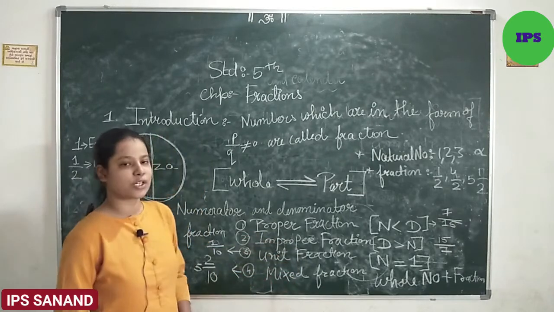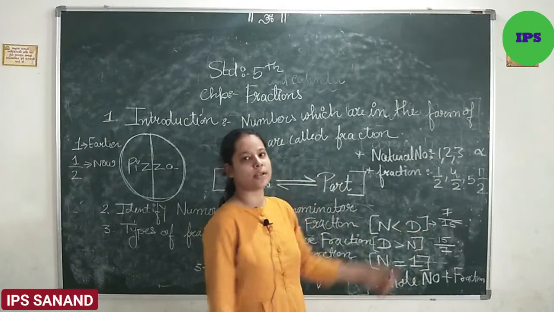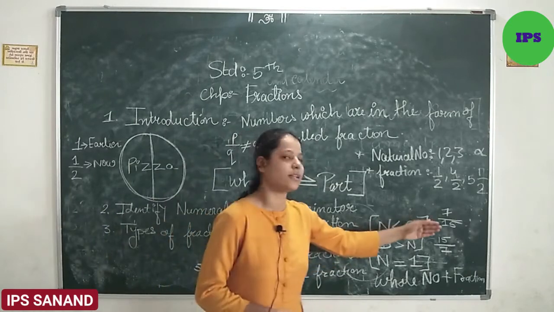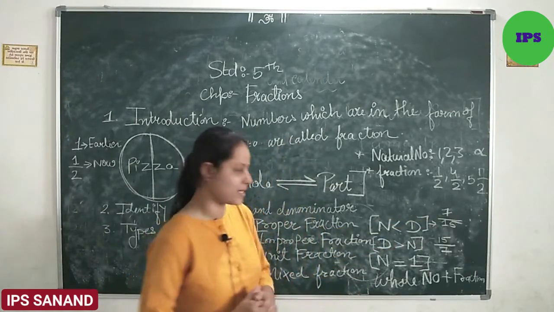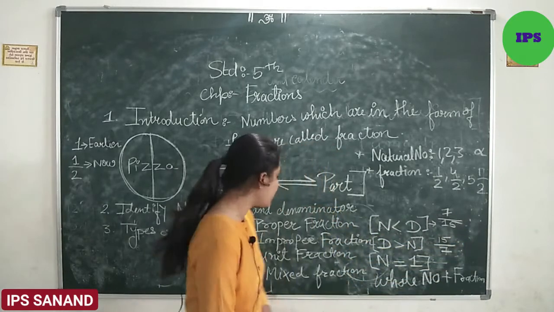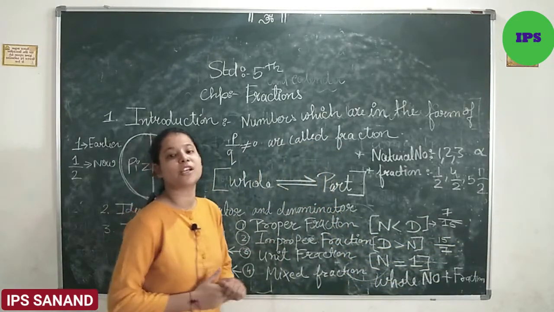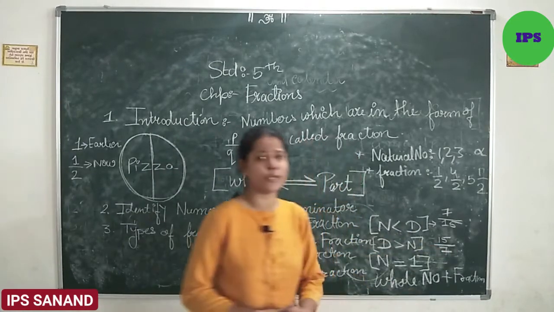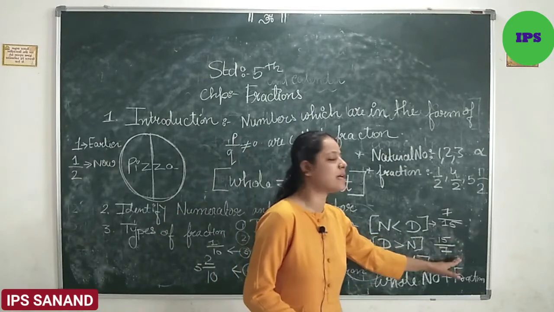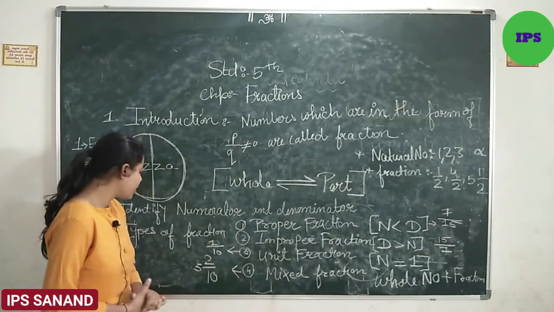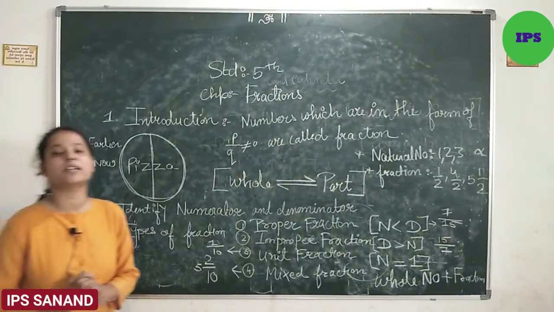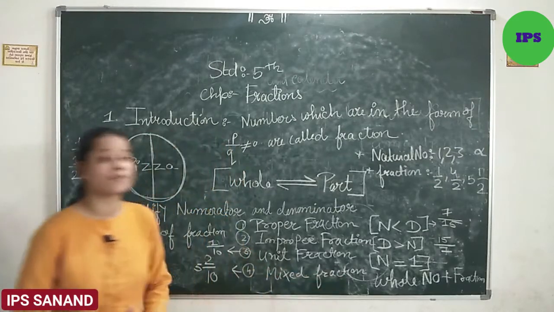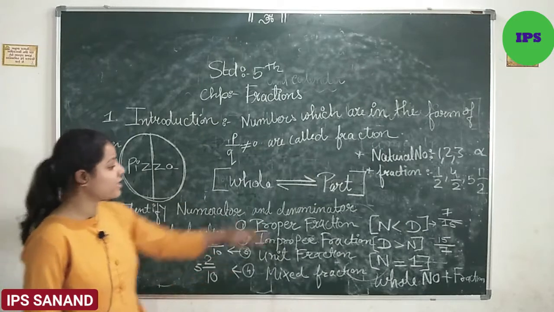In a proper fraction the numerator is always smaller. जब भी आप प्रॉपर फ्रैक्शन की बात करोगे तो जो आपका न्यूमरेटर है वो डिनोमिनेटर से हमेशा छोटा होगा, जैसे कि 7 बाई 15. फिर आप देखोगे यहाँ पे इम्प्रॉपर फ्रैक्शन. इम्प्रॉपर फ्रैक्शंस कैसे होते हैं? डिनोमिनेटर्स यहाँ पे स्मॉलर होते हैं एंड न्यूमरेटर यहाँ पे बिगर होते हैं, जैसे कि 15 बाई 7. देन व्हाट इज यूनिट फ्रैक्शन? यूनिट फ्रैक्शन में आप देखोगे जो आपका न्यूमरेटर है वो हमेशा 1 होगा. ओके, सो 1 बाई 10.